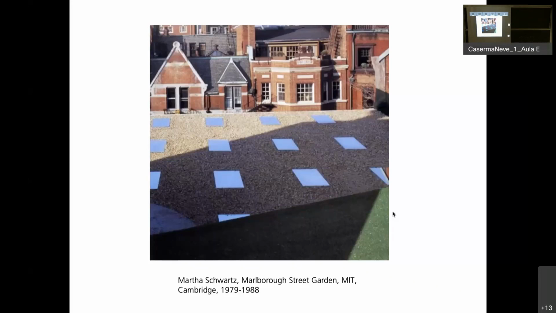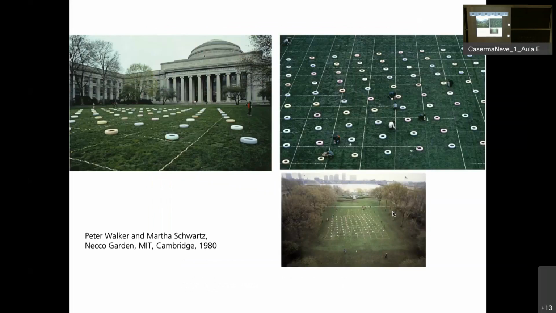So we are again in the 70s, beginning of the 80s. Or together with Peter Walker, again at the MIT campus, we have this game, this superposition of two different grids. The grid is another typical category of modernist art and sculpture that Rosalind Krauss described in another famous essay, as another typical category of modernism.